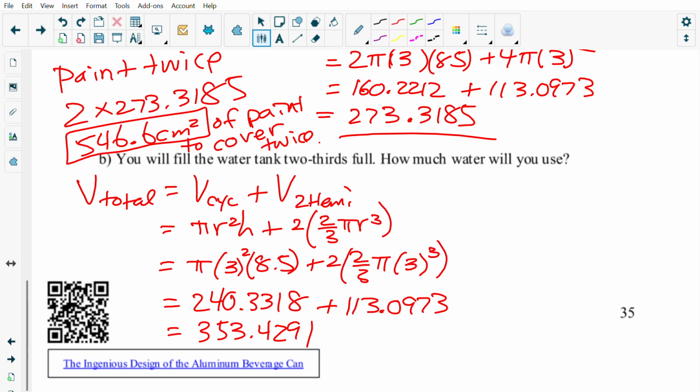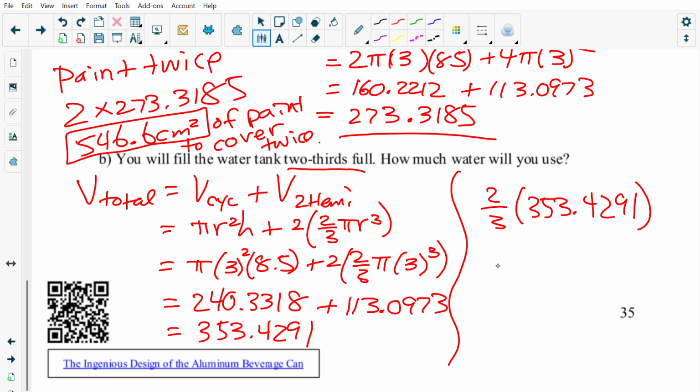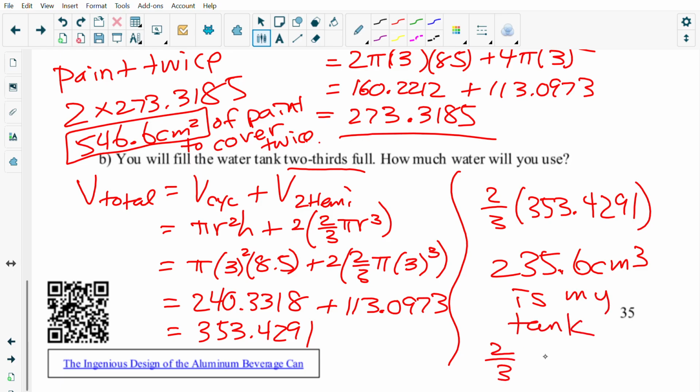And then remember, folks, I want to fill it 2/3. So 2/3 times 353.4291, I end up getting 235.6 cubic centimeters is my tank 2/3 full.